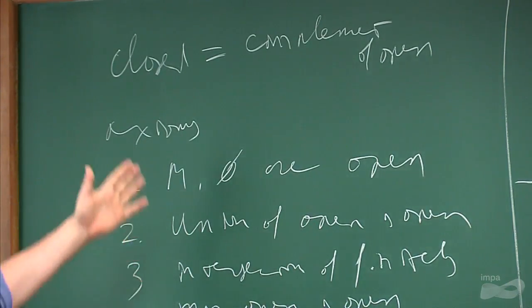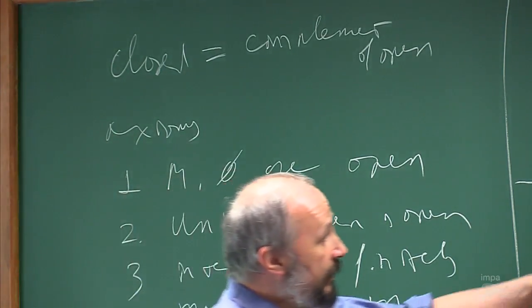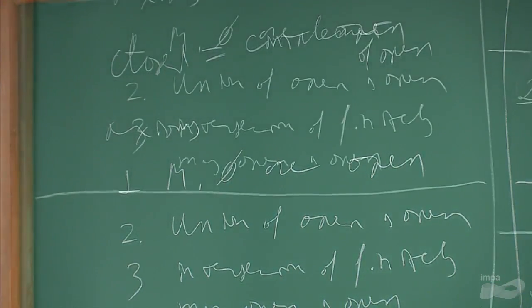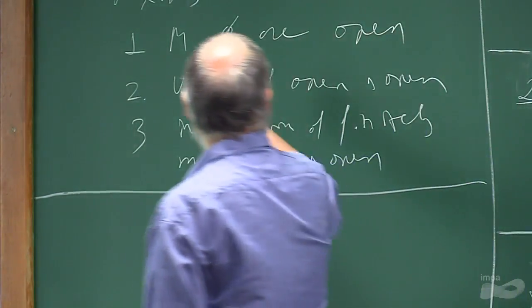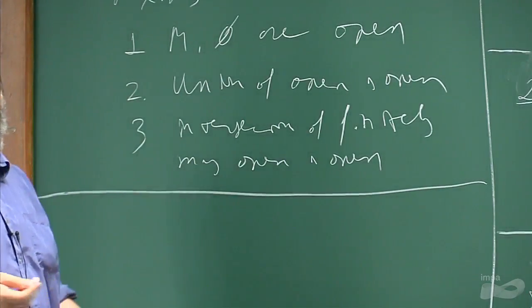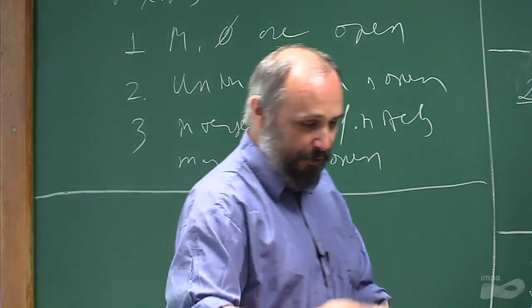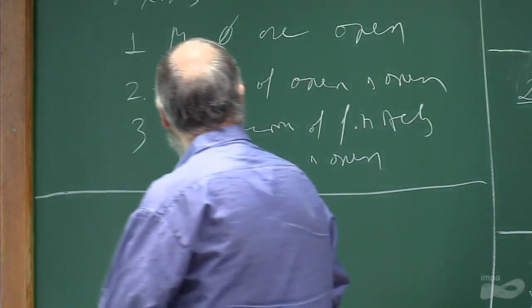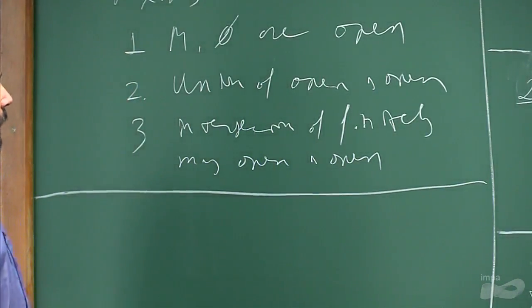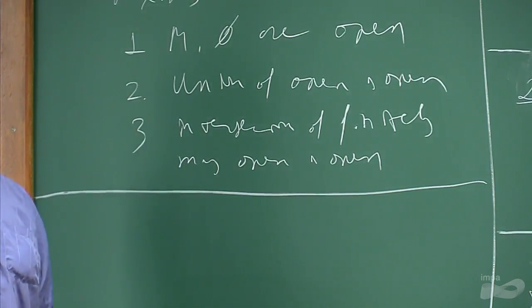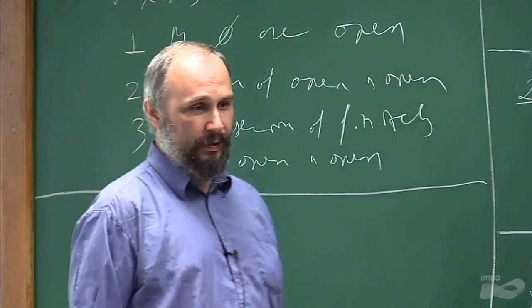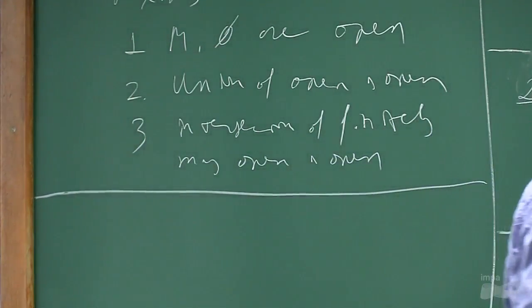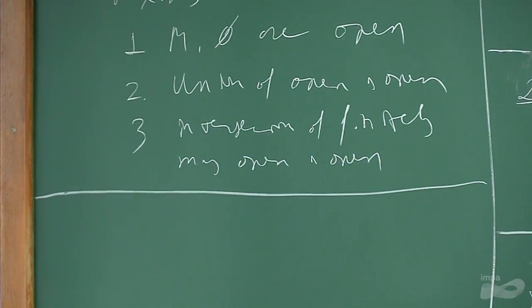Okay, so we can check now these axioms for the Zariski topology. The first axiom is obvious. The empty set is given by stupid equations, and M by no equations. Now, a union of open sets is open; this is the same as an intersection of closed sets being closed. But what is an intersection? You just add the equations.